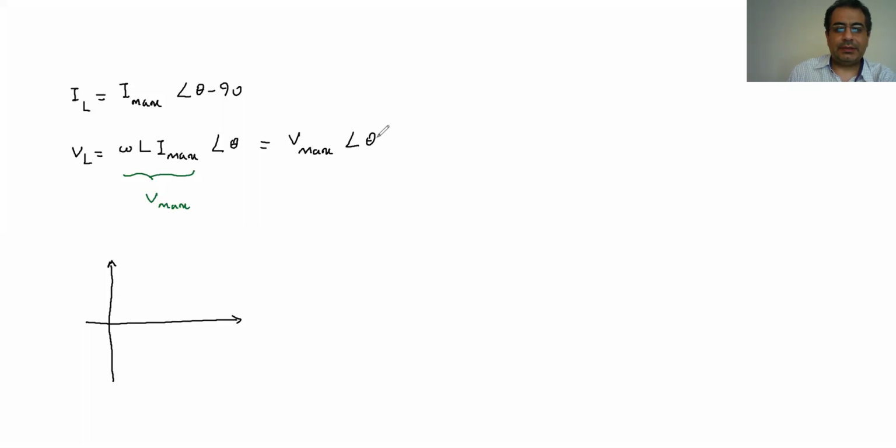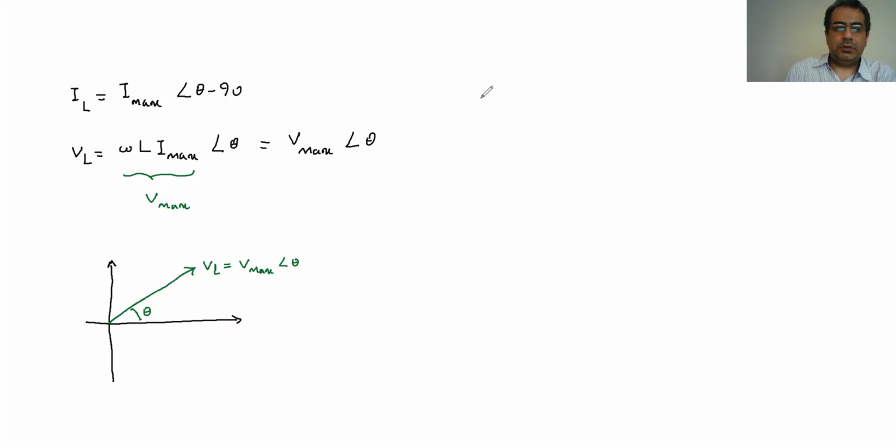So assume it's the Vmax with theta. So assume this is going to be the VL, which is the Vmax with angle of theta. So this angle is going to be theta, and the length is just Vmax.